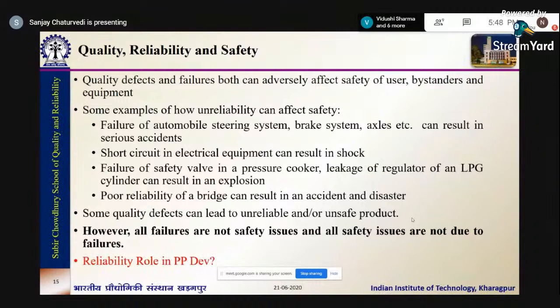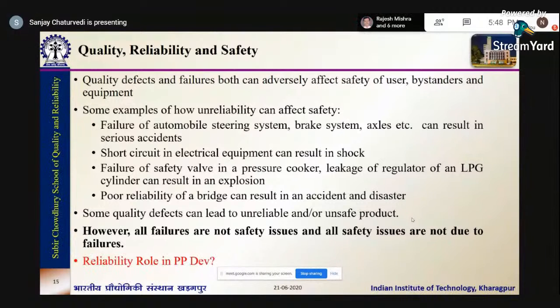So there are some disjointed causes of failures which can cause safety issues otherwise, but with failure-free operation, where things are not failing, possibly the safety issues will not arise.